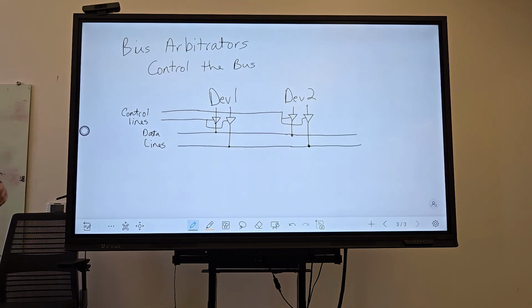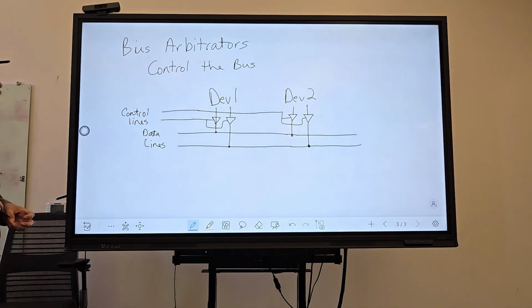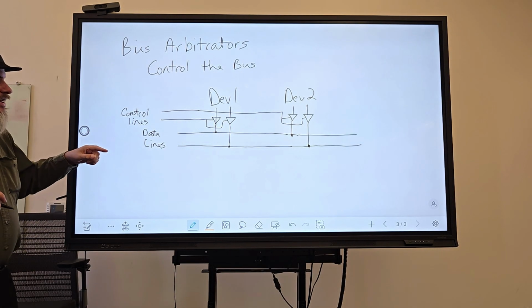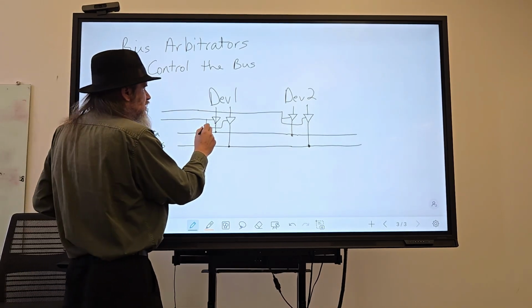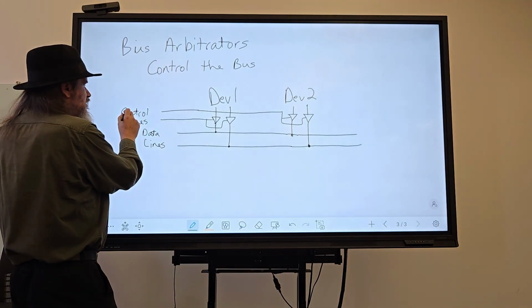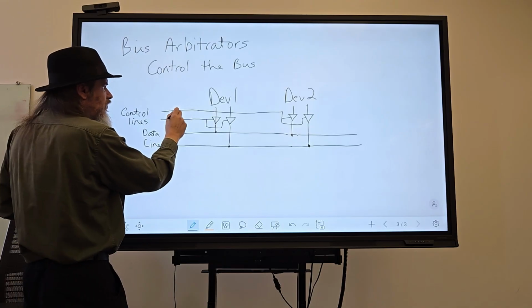I'm just simplifying the diagrams for brevity's sake. But these will be cut if Device 2 has control.